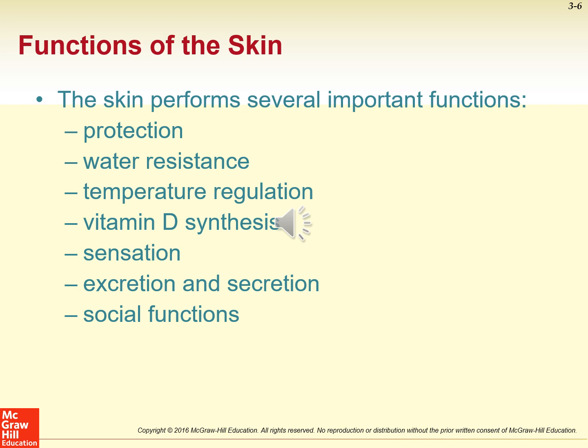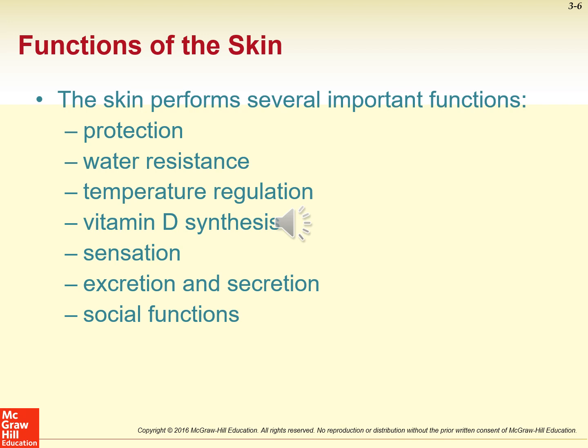Sensation. Nerve endings that detect touch, pressure, heat, cold, pain, vibration, and tissue injury are particularly numerous in the skin of the face, fingers, palms, soles, nipples, and genitals. Excretion and secretion.